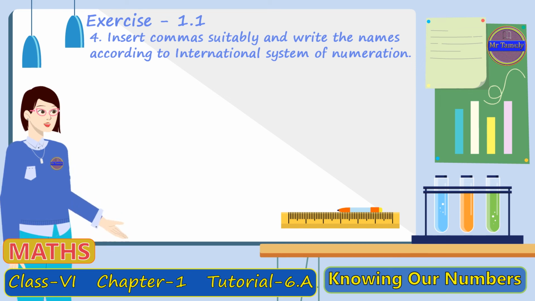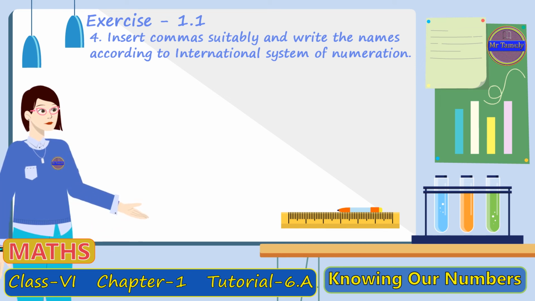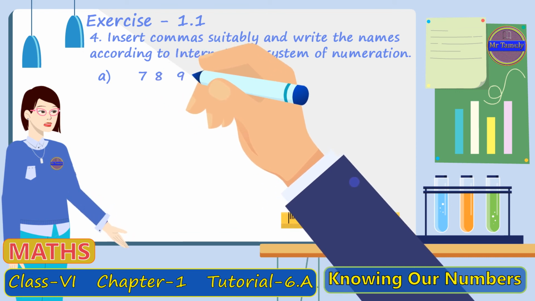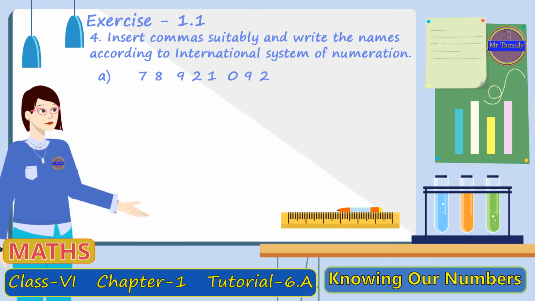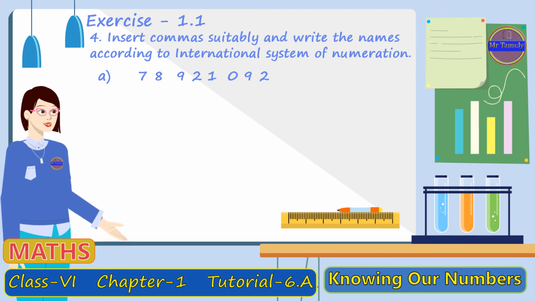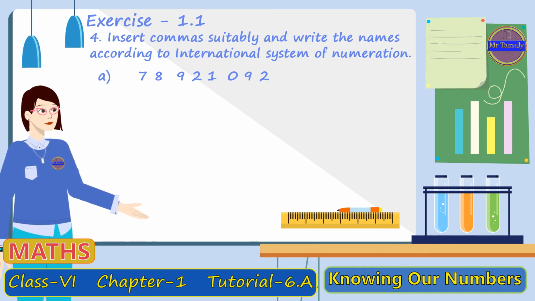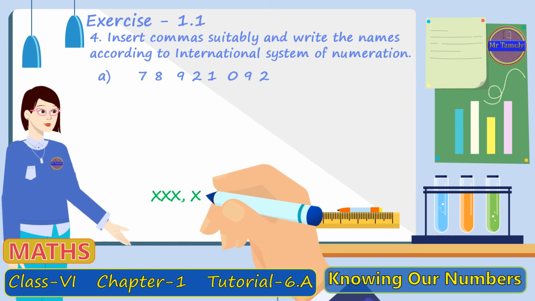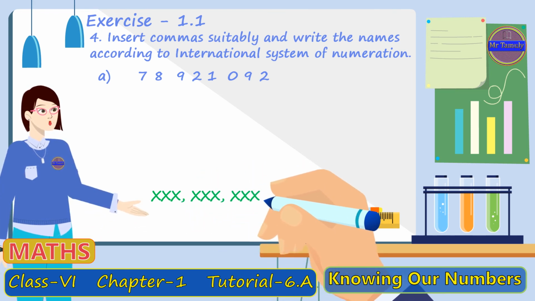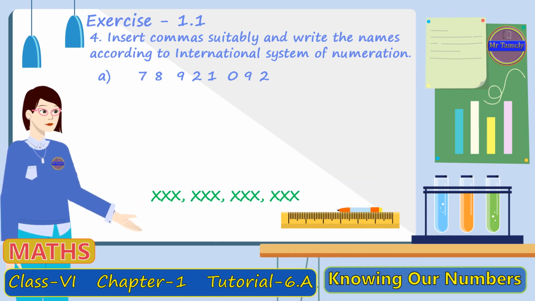Let's take the first given number, which is 78,921,092. As I have already told you, the international format of numeration is XXX billion, XXX million, XXX thousand, XXX.